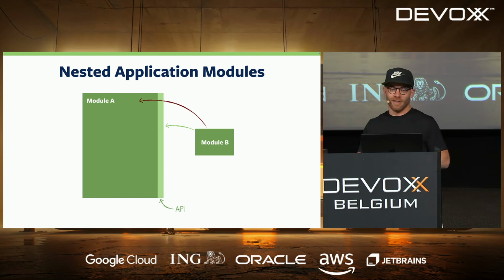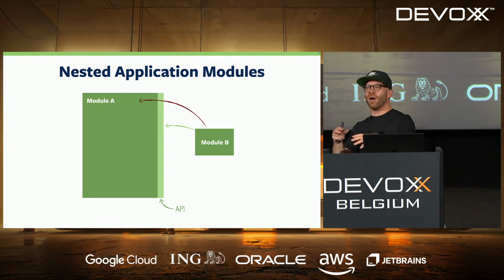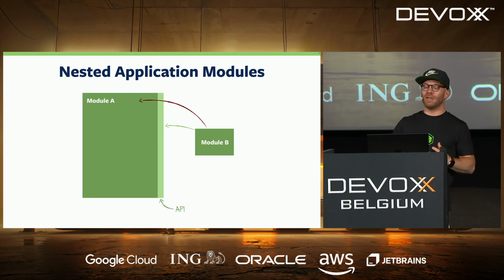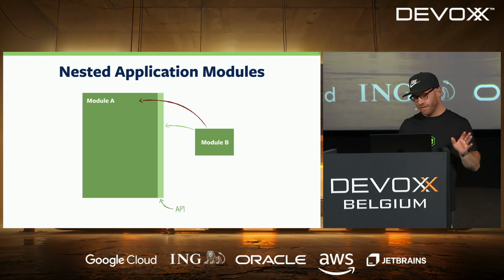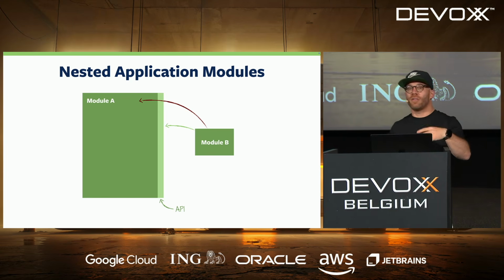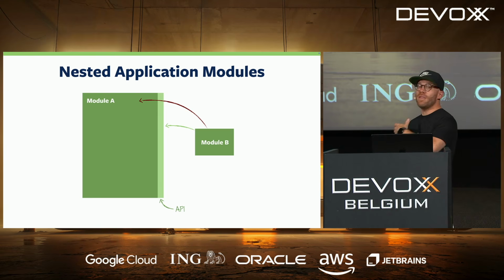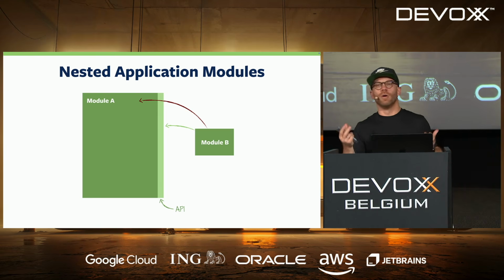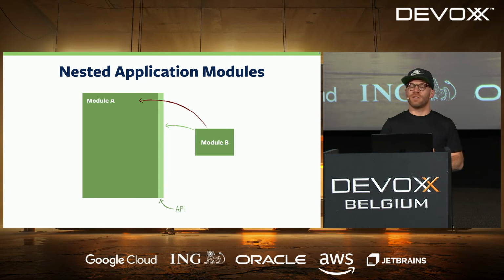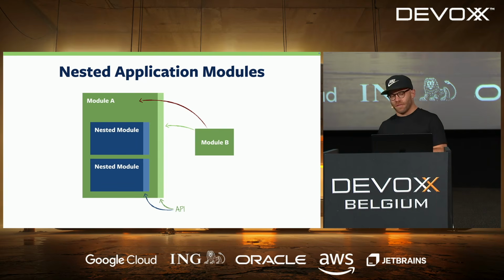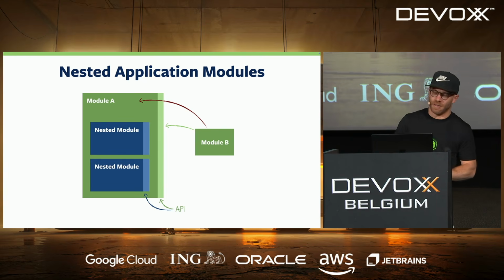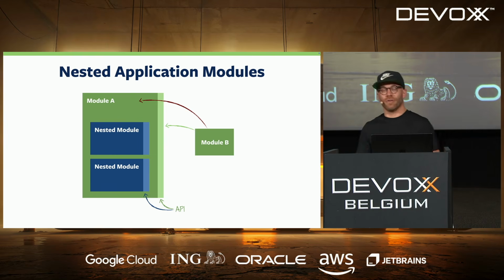You all know that not all parts of your system are equally well designed, and that's totally fine. But if you want to get a bit more order into the arrangement within that module, you can, as of version 1.3, create nested application modules that in turn also have an API, so that the following access rules apply.